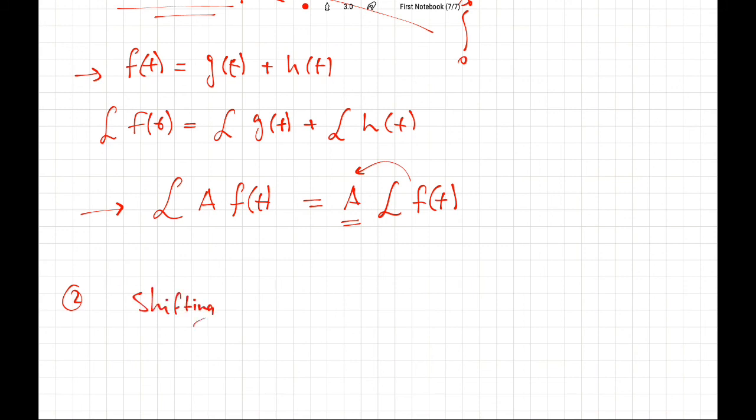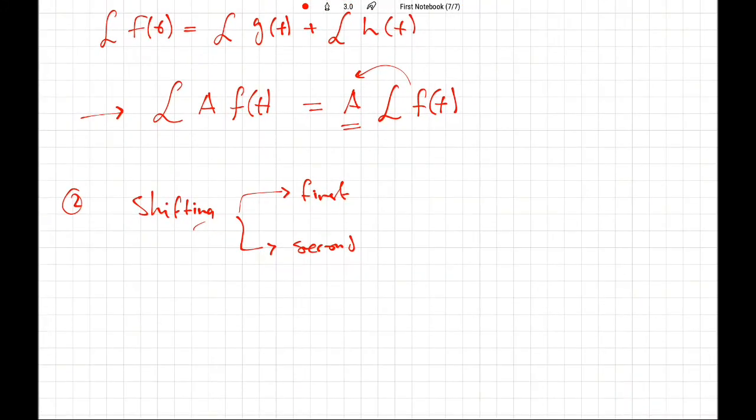The second property of the Laplace transformation is called shifting. We have two shift theorems, the first shift theorem and the second shift theorem. We are going to discuss these in the next video, but just to give you an overview, we also have the final and initial theorems.